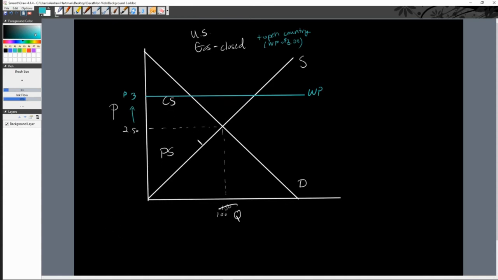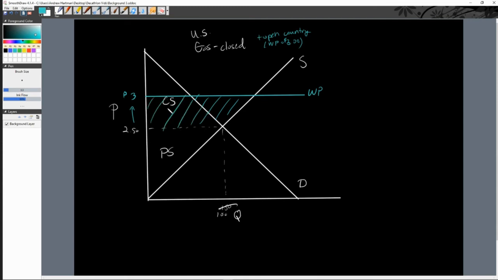Okay, and what's going to happen here is that we are going to see an increase in total surplus by the space of this triangle right here. We are adding that to our total surplus, which means we are seeing a full-on increase in surplus by that triangle's amount, which you can use math to figure out. It's not too hard.